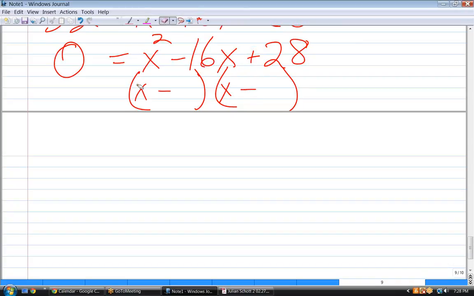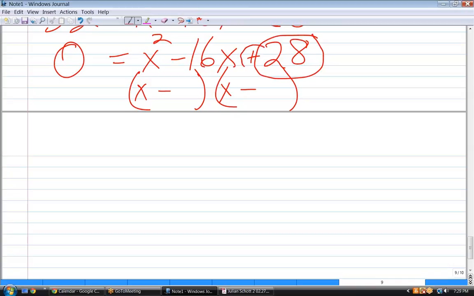Now, because we have coefficients that are 1, I can go back and use my little rules. What's my third step here? Factors. Don't forget the word factors. I want factors of 28 that do what?